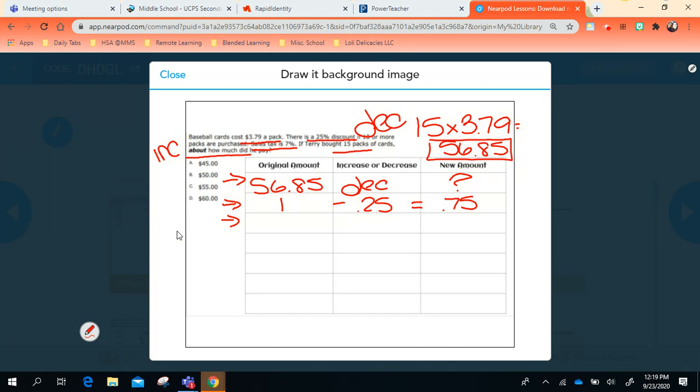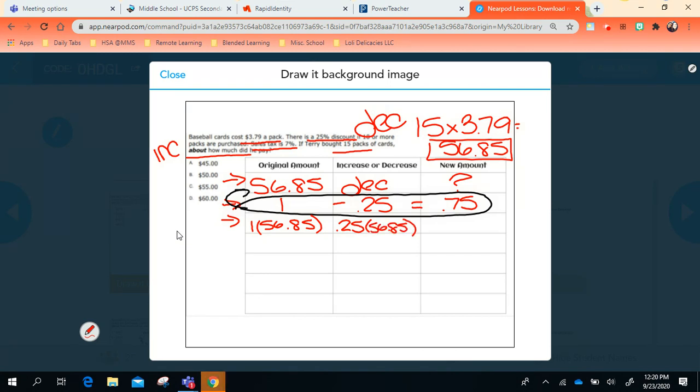Now, remember, I'm taking my decimals and I multiply with my original. So I'm taking 1 times what? 56. Thank you. For my second box, for my discount, what am I multiplying? 0.25 times 56.85.